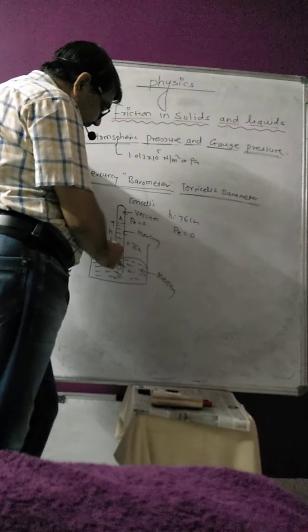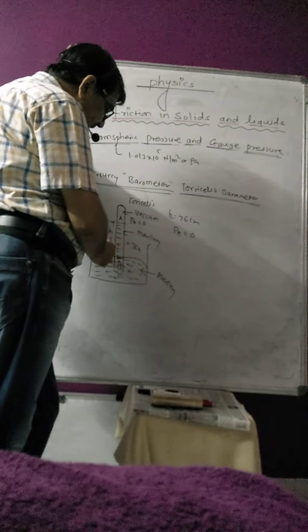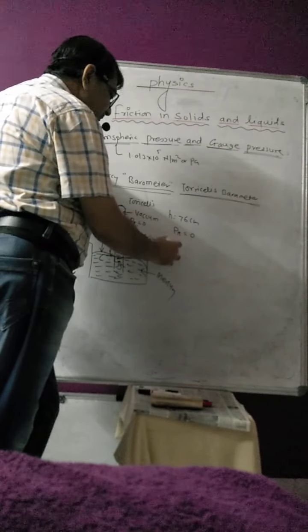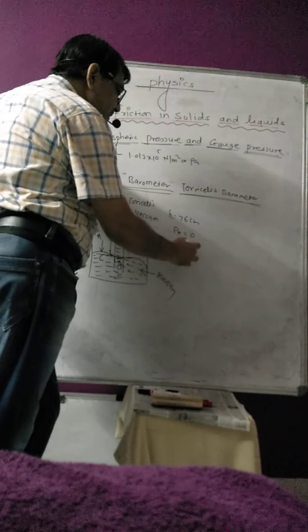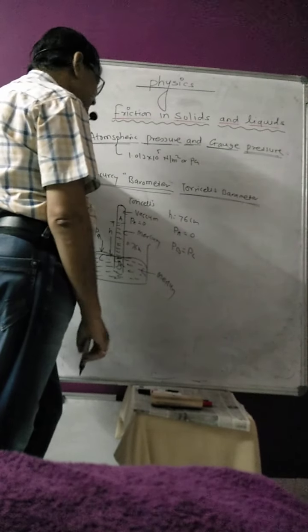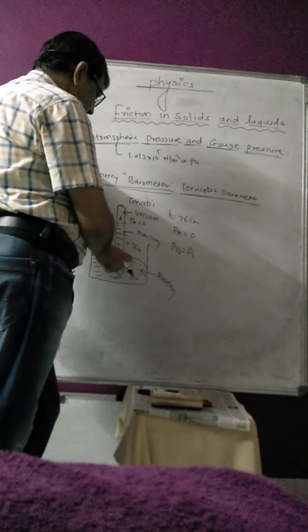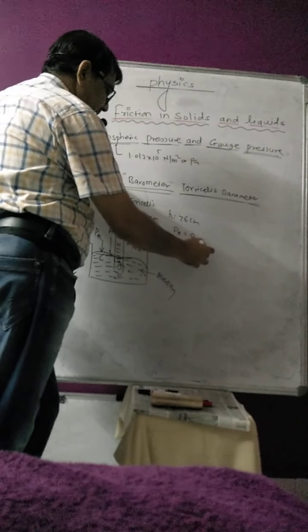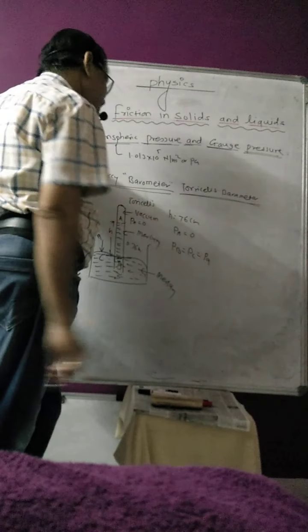But B point and C point are at the same level. Therefore pressure at B is equal to pressure at C, and that is equal to atmospheric pressure.